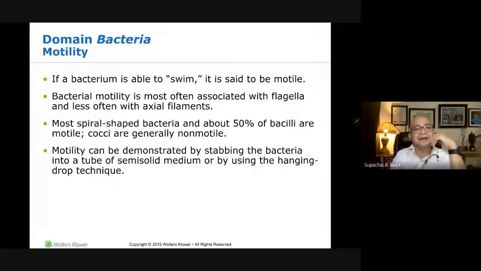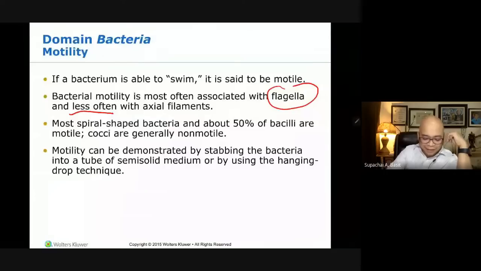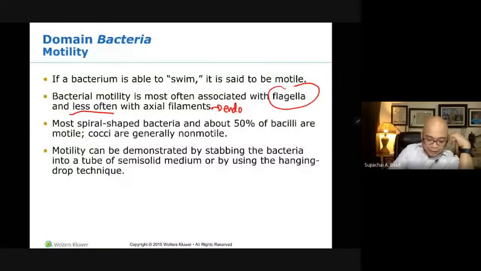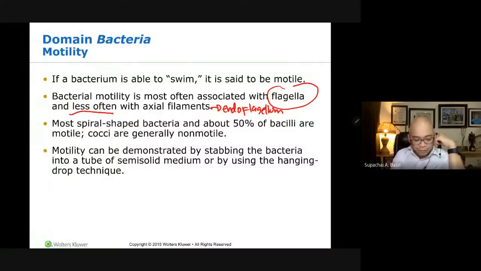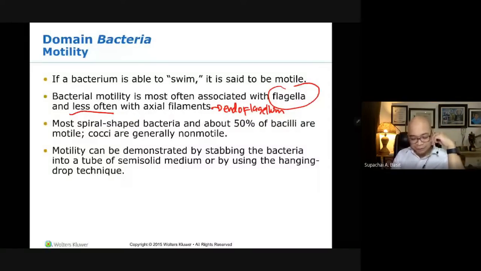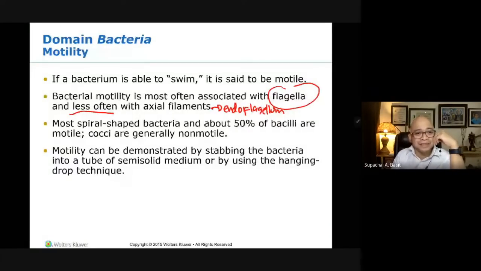Bacterial motility is associated with flagella, and less often with axial filament, because axial filament is the endoflagellum. Most spiral-shaped bacteria and about 50% of bacilli are motile. Cocci are generally non-motile because they do not possess flagella.